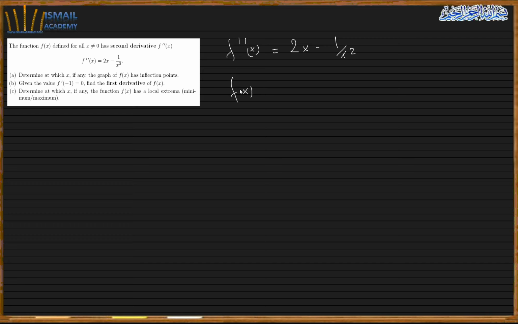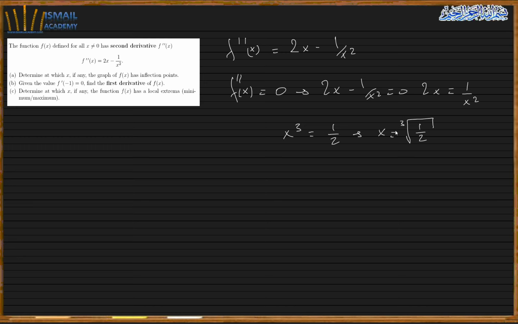So 2x minus 1 over x squared equals 0, which means 2x equals 1 over x squared. Cross multiply, x cubed equals one half, which means x equals the cube root of 1/2. This is the x value of the inflection point.